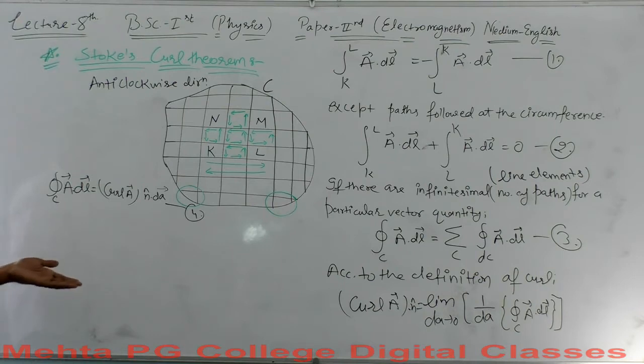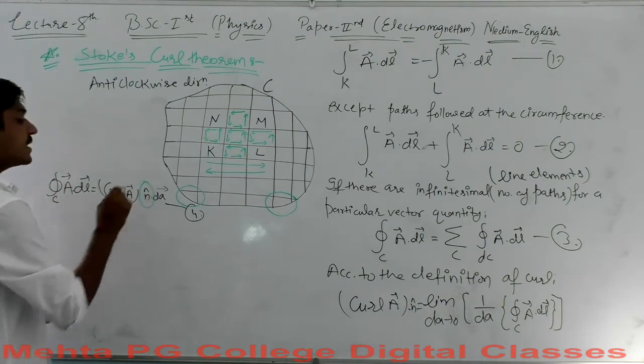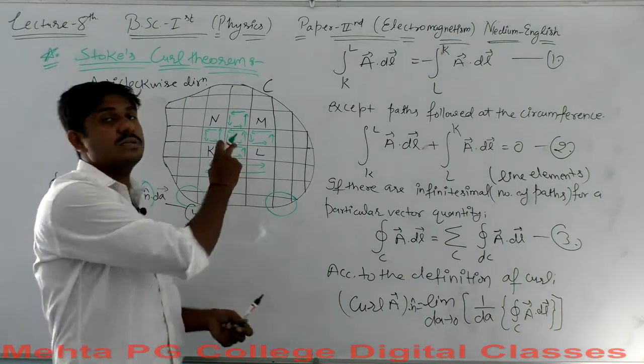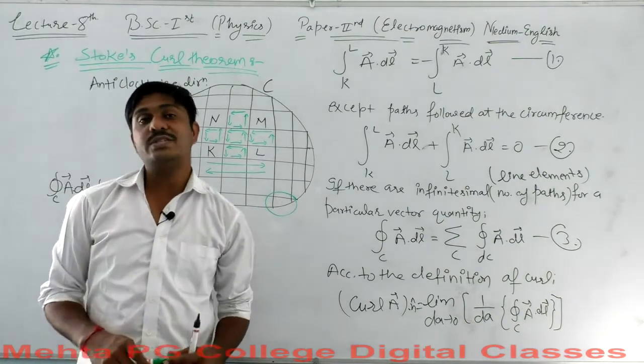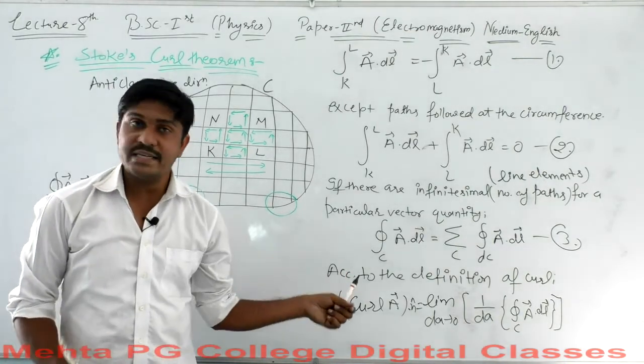Here n cap is the unit vector perpendicular to the area element, say the direction towards you or behind the board.